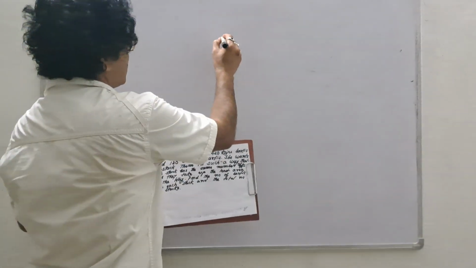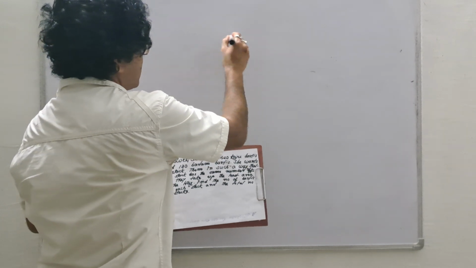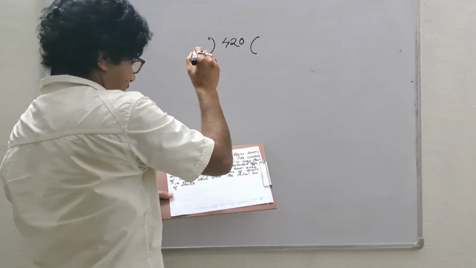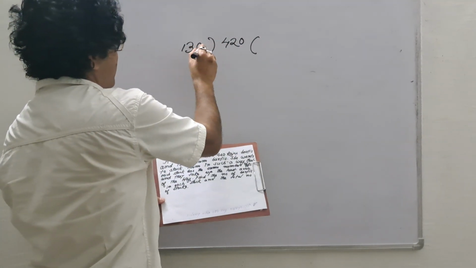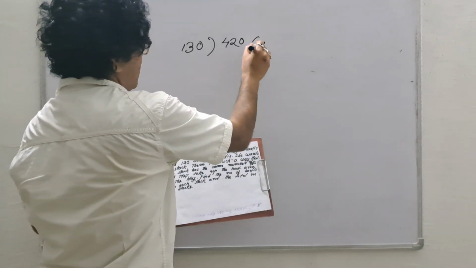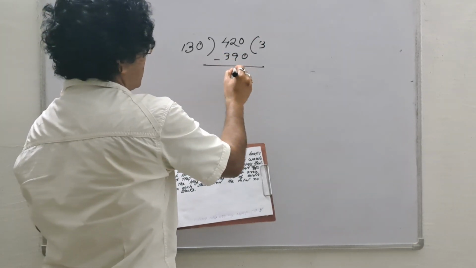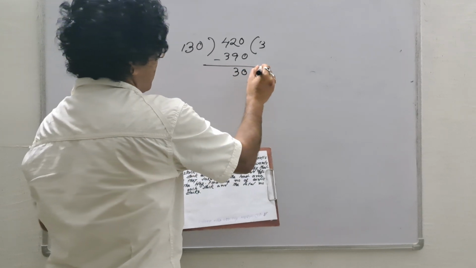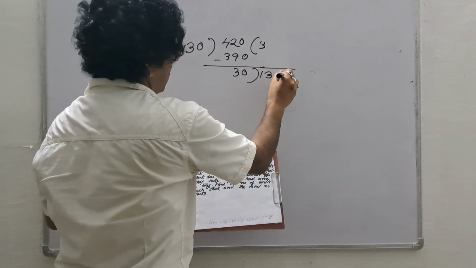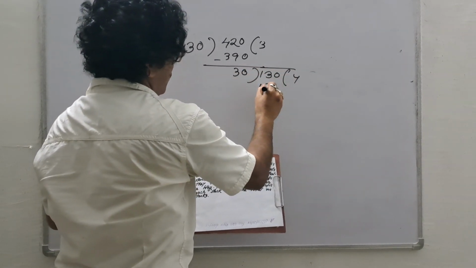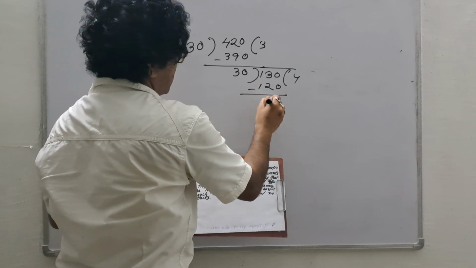So let us find out. 420 is greater than 130, so you divide this by 130. 3 times, 390. Then the remainder is 30. By 30 you divide 130. 4 times, 120. Then the remainder is 10.